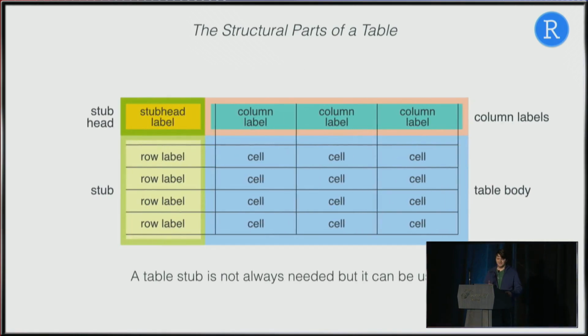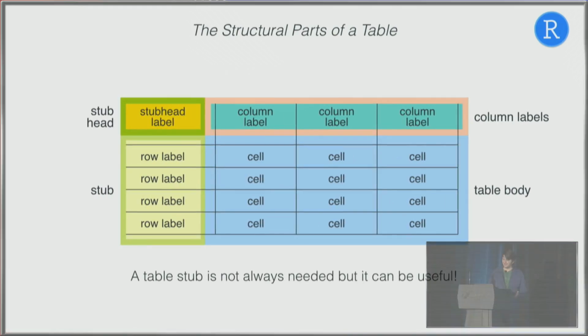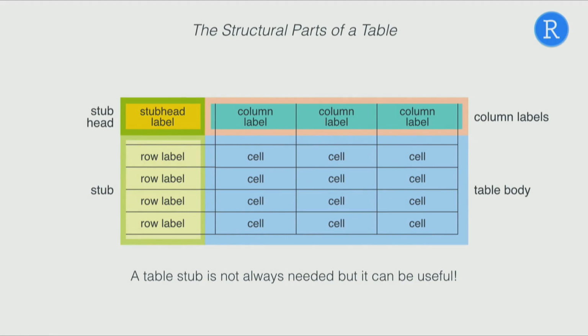But here's a cool thing, a stub. It's a little known term in table technology. It's essentially like row names, but we can do better than row names like in data frames. We can have a stub that defines labels for each row. Again, it's not always needed, but it can be useful in certain circumstances, like if rows are representing some sort of thing that you want to call out.